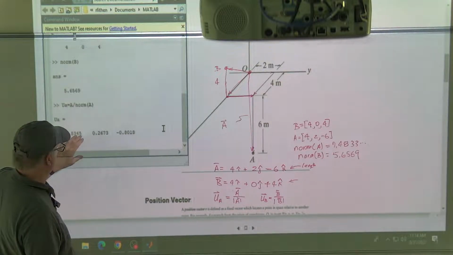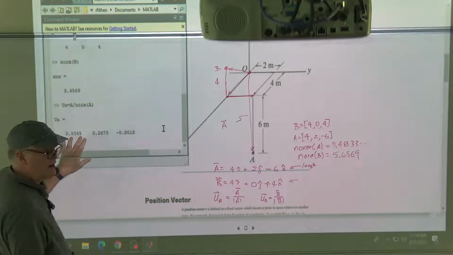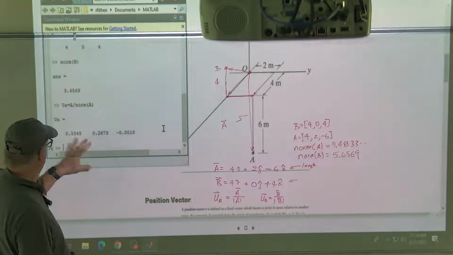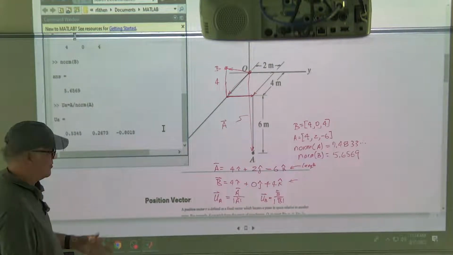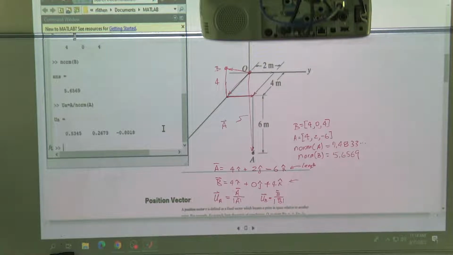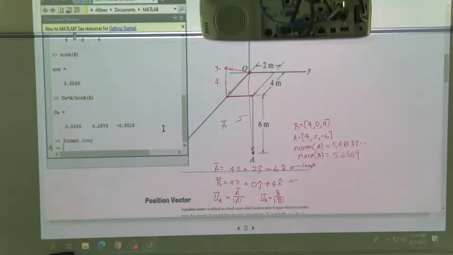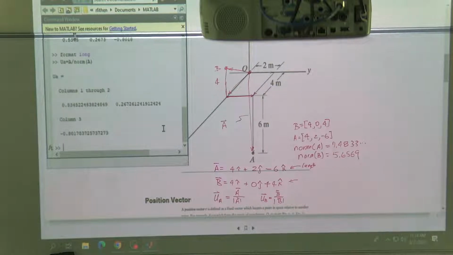It just so happens that MATLAB generally likes to carry 4. You can do format long, and it'll carry a bunch more. I'll do that real quick just to show you. I think it's just format long. And then the problem is, look how many digits, it takes up a lot of space.